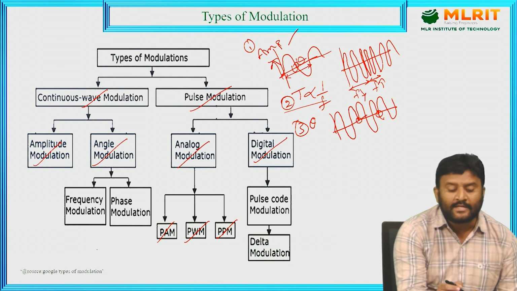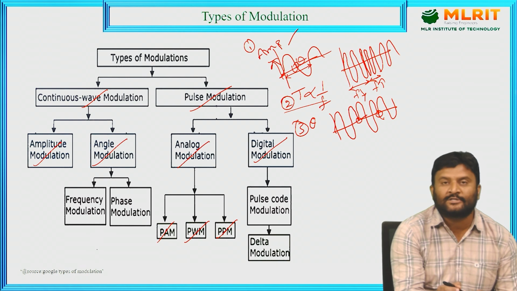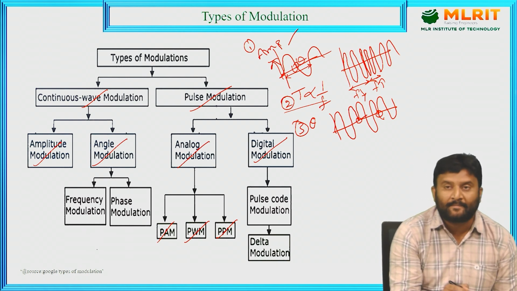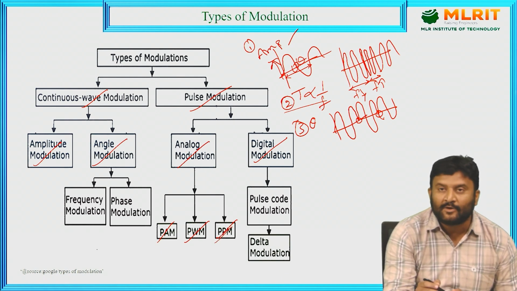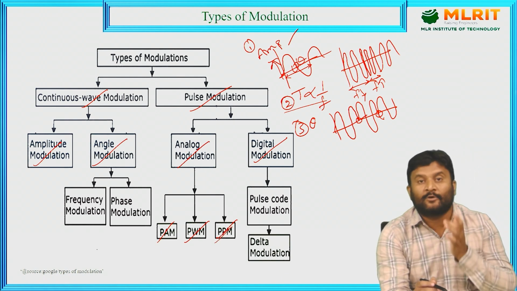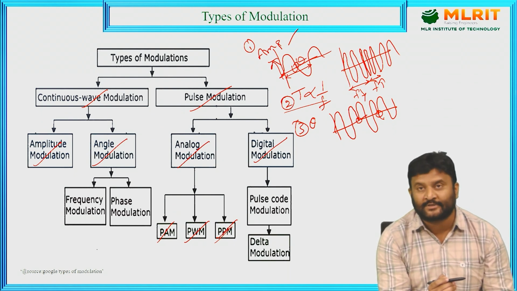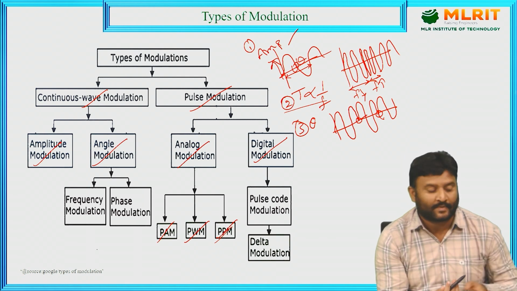In terms of pulse modulation, we are looking at analog modulation, which depends upon the carrier signal shape, like PAM, PWM, and PPM. And for the digital modulation techniques, we need to discuss pulse code modulation and delta modulation. This is nothing but the types of modulation.